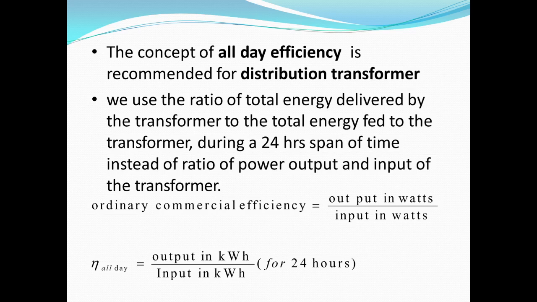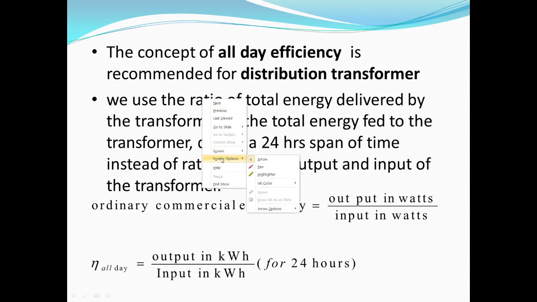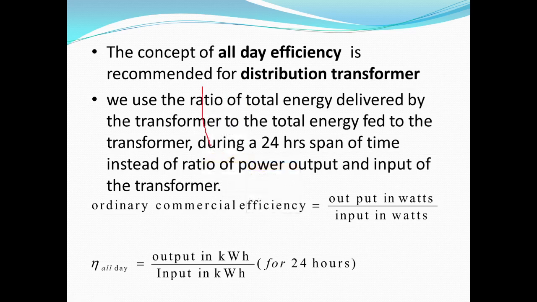So we use the ratio of the total energy delivered by the transformer to the total energy fed to the transformer. For your understanding, consider this is the transformer: this is the delivered power, treated as the output, and this is the feeding power, treated as the input.